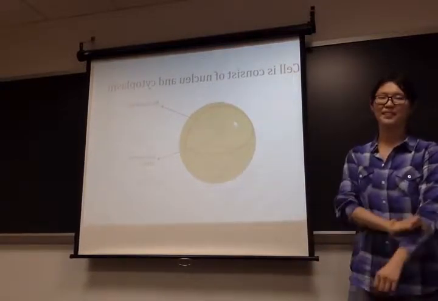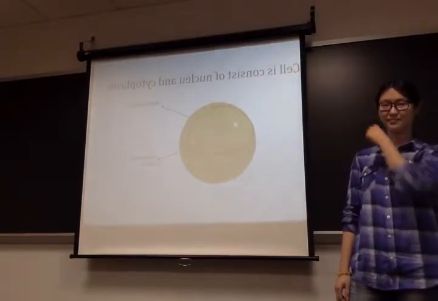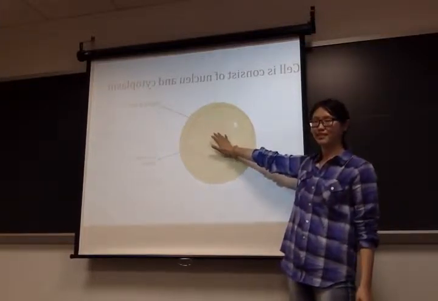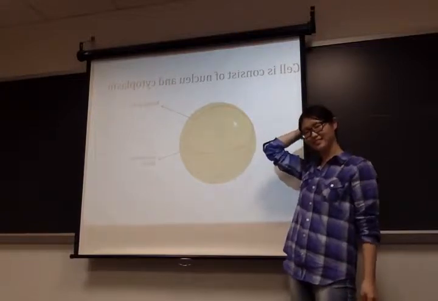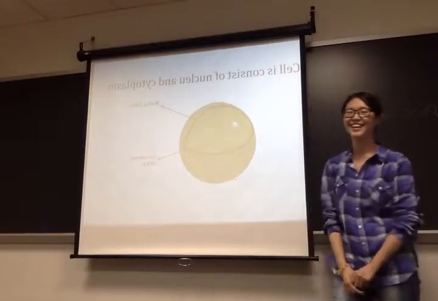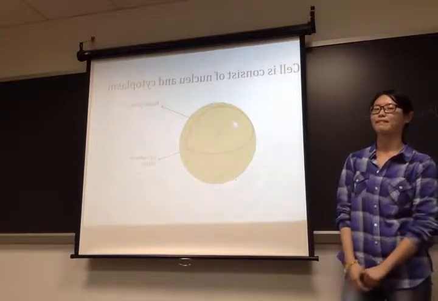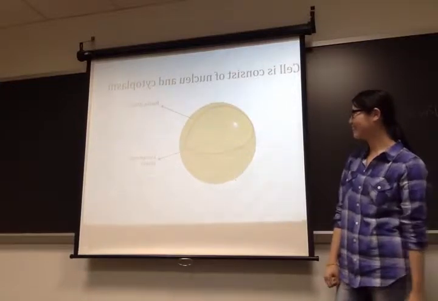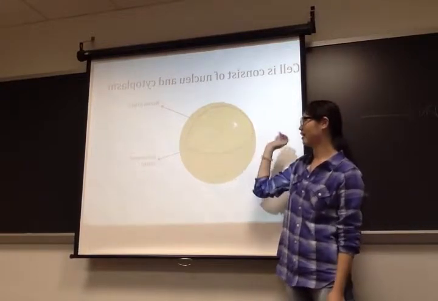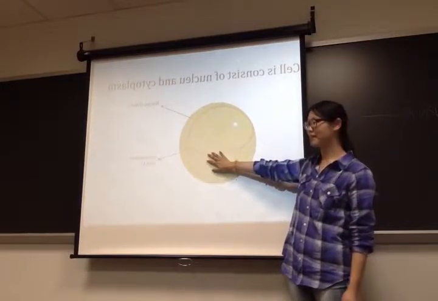You need a message to send what is encoded in the DNA sequence. Send the message from DNA to RNA. We have to send the DNA sequence to the outside of the nucleus, to the cytoplasm.